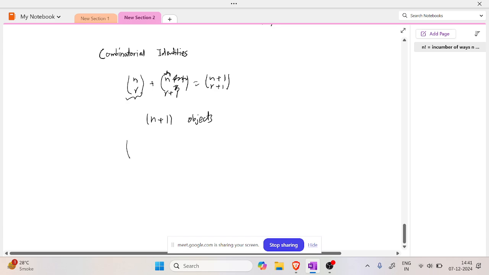And the next identity is the famous hockey stick identity.